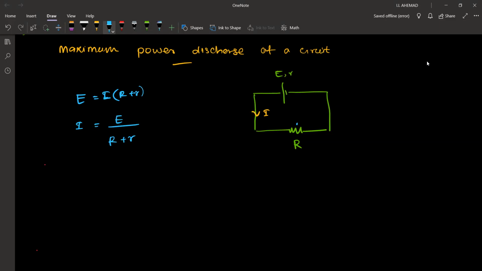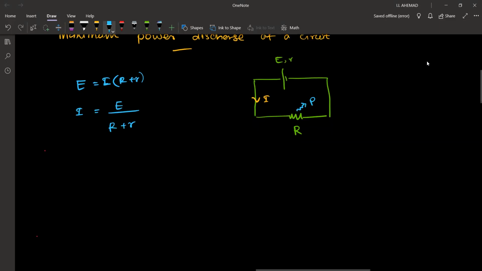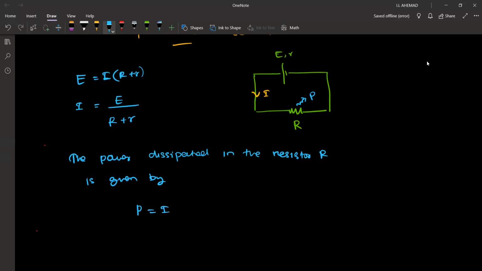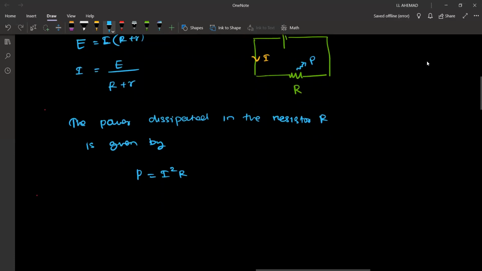Now let's get an equation for the power dissipated in this resistor R. The power dissipated in the resistor is given by P is equal to I squared R. So instead of I squared, we can substitute E squared over (R plus r) squared.